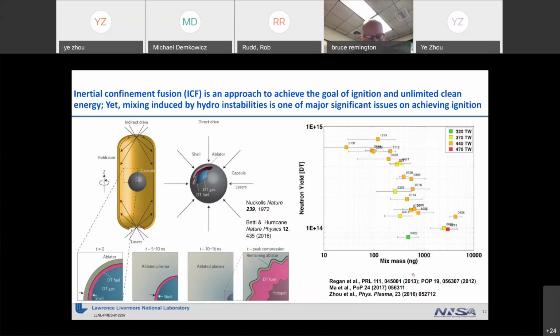On the right here is a figure to illustrate this effect. On the x-axis is the mixed mass, so the bigger the value, the more mixture you have. On the y-axis is energy production, characterized by neutron yield. Obviously the bigger the mass, the more the energy production goes down. That's extremely unwelcome, and a lot of work has been put in to reduce this effect.